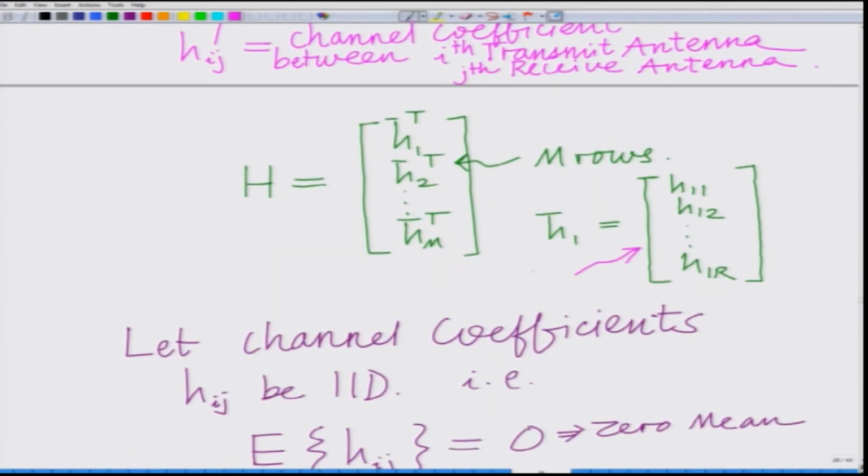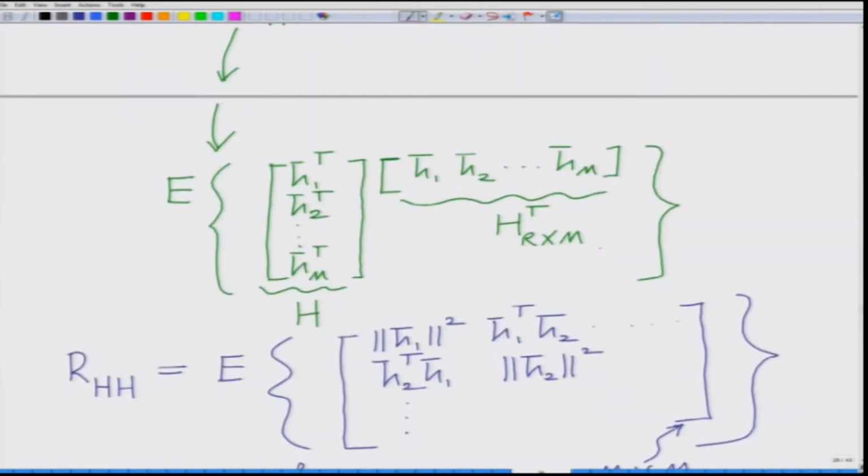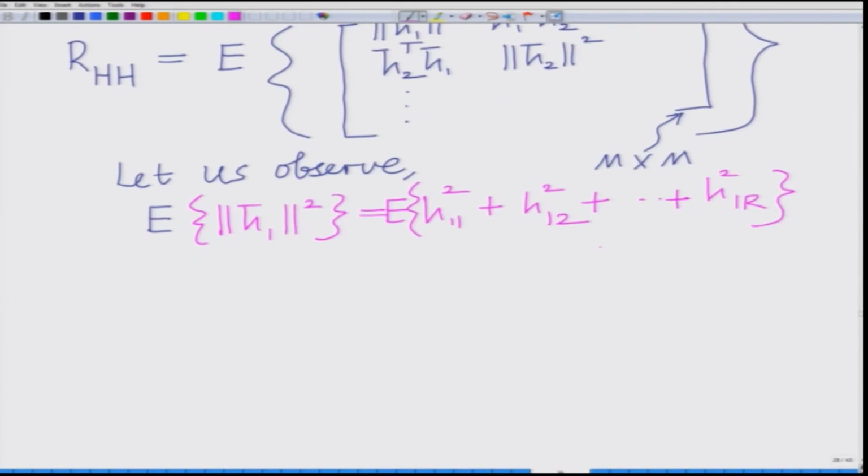Since these are IID random variables, each has variance sigma H square, so this is R times sigma H square.